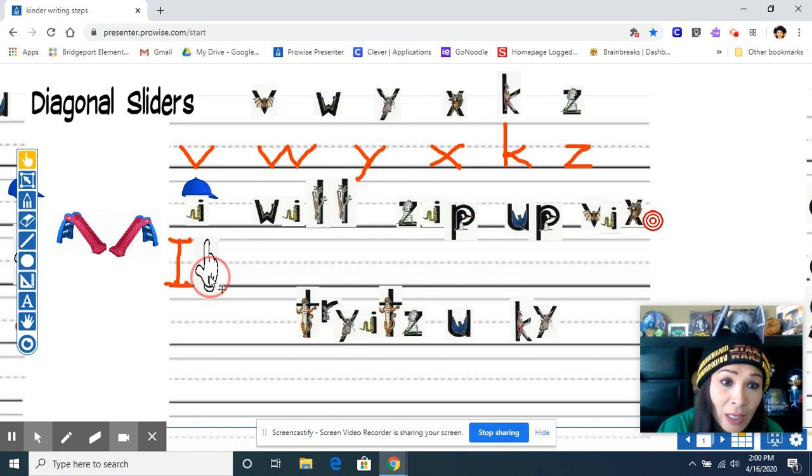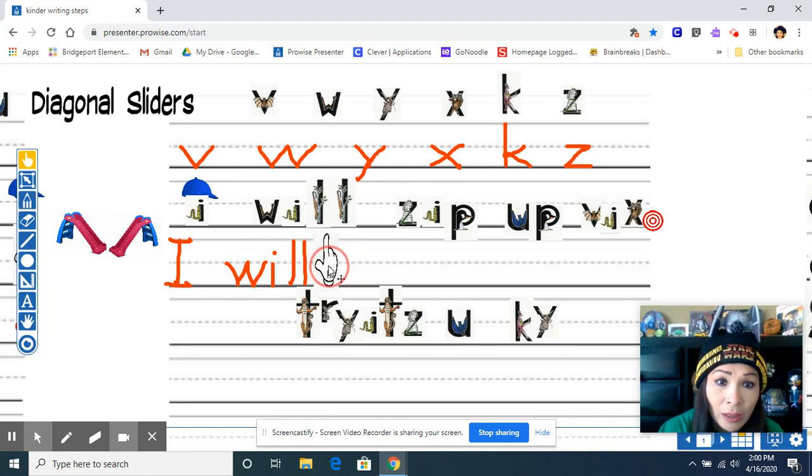Space. Remember, the space goes right after the letter. Will. I will. Stop at the middle line. Will. I will.